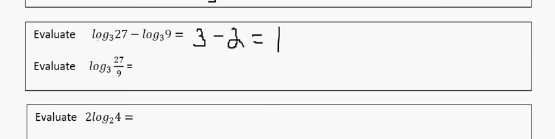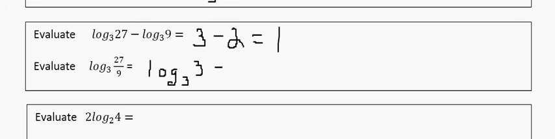Now let's evaluate this next expression. We have log base 3 of 27 divided by 9. Let's divide the 27 by 9 to get log base 3 of 3.